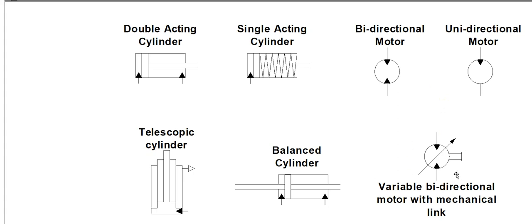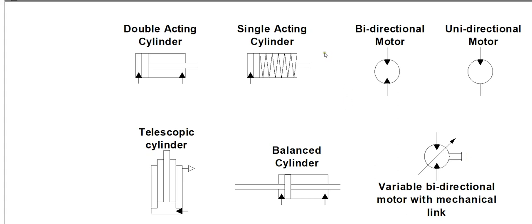Down here we have our variable displacement bidirectional motor. Again, we just put a diagonal arrow across it and now it is a variable displacement. And just like pumps, sometimes they'll show the actual output shaft, the mechanical output shaft, and sometimes they won't. It's really up to the manufacturer and the type of schematic that it is.